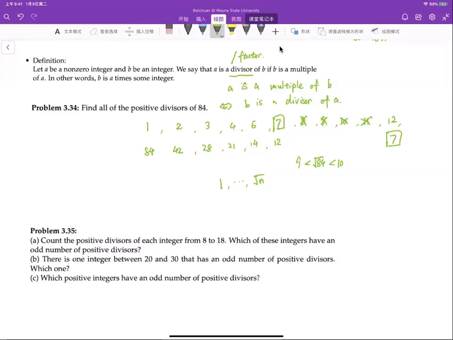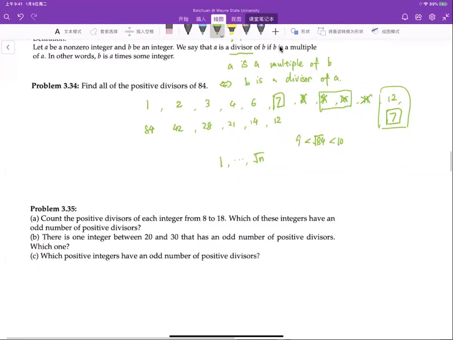So after checking 10, if you know that it's not a divisor of 84, then you can stop. If you continue checking, you would just revert what you have found. So this will be the answer.